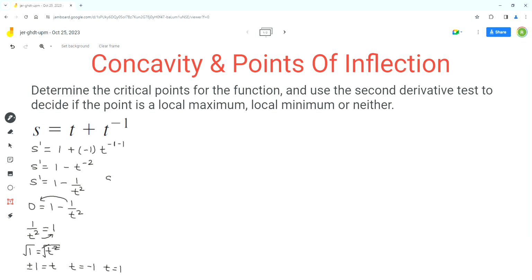So we get s equals -1 plus -1 exponent -1. Now for the second term, we can make the exponent positive by moving it to the denominator.